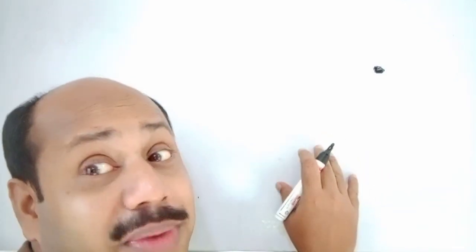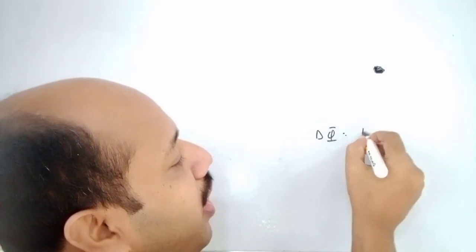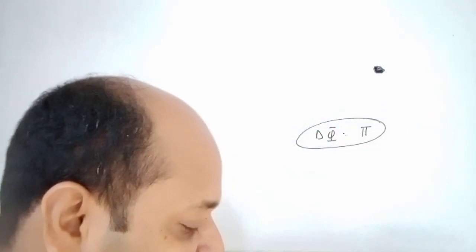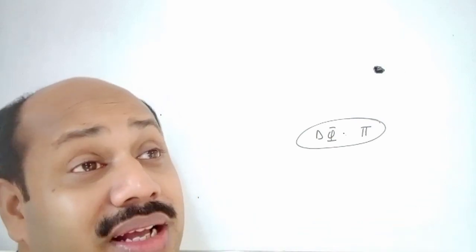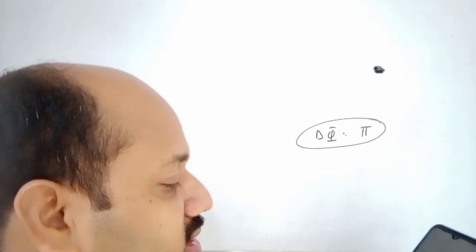Here they are asking about the first minimum in single slit diffraction, that is the first bright in Young's double slit. The phase difference is pi between the waves coming from the two edges of the slit. Therefore, the answer is pi itself, 3.